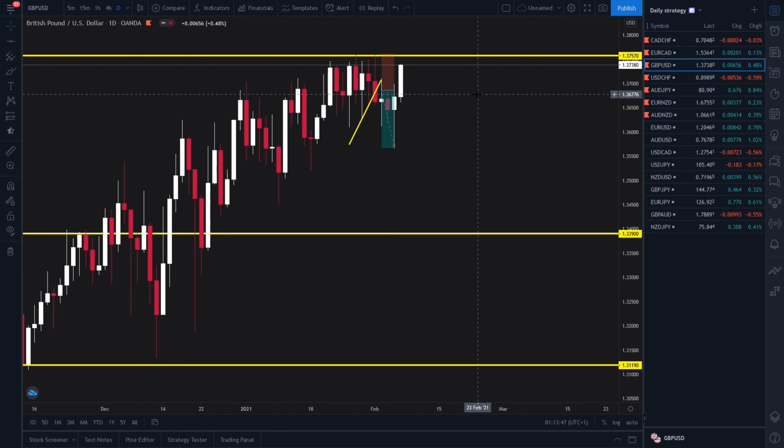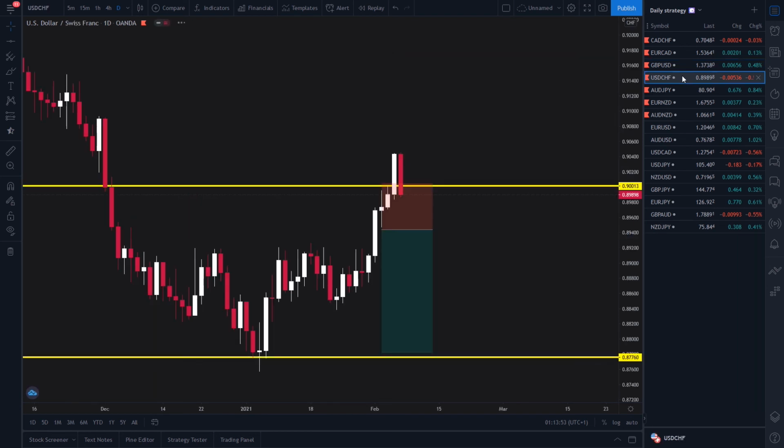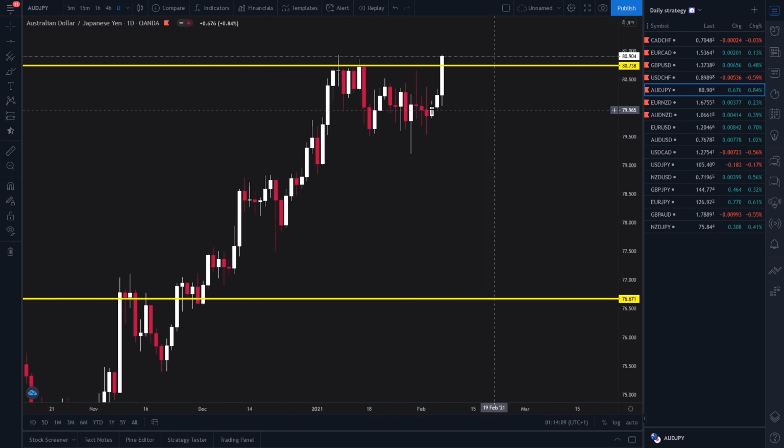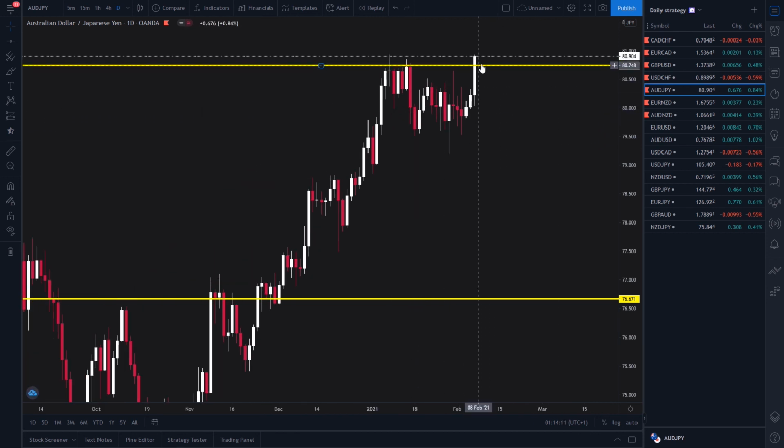GBPUSD, we are looking for an indecision candle formed in here. USDCHF, we have talked about this indecision candle, but rather we want to form it in this area. And AUDJPY, we'll just keep an eye on.